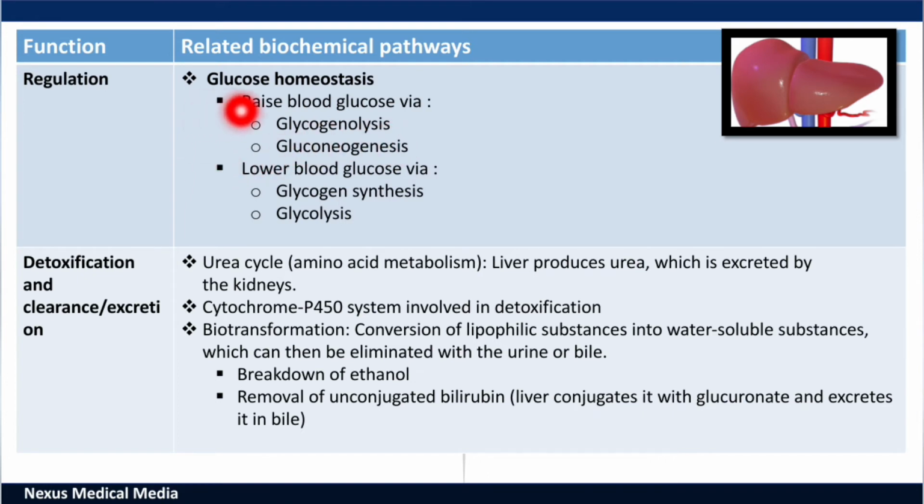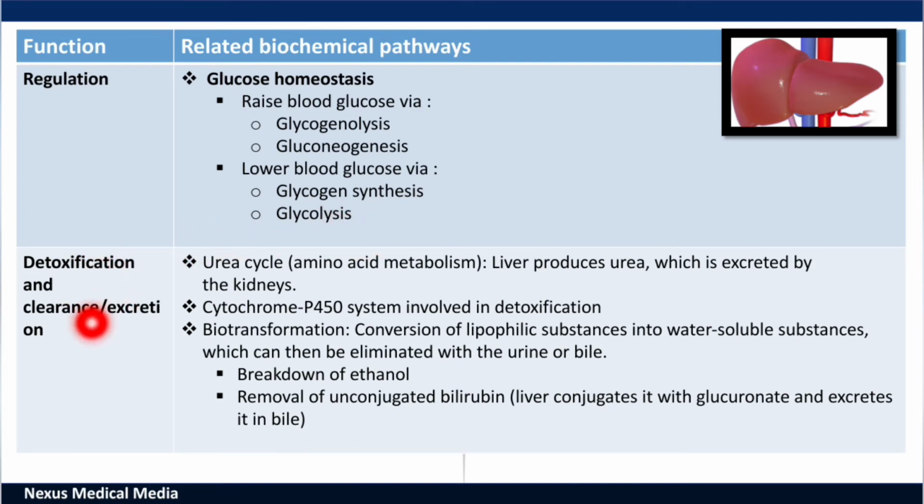All right, thus raising the amount of glucose. The next one is lowering the amount of glucose in blood via glycogen synthesis. So we are taking glucose from blood and making glycogen, meaning to say the level of glucose will decrease, and the glycolysis, thus breakdown of the glucose. Right.